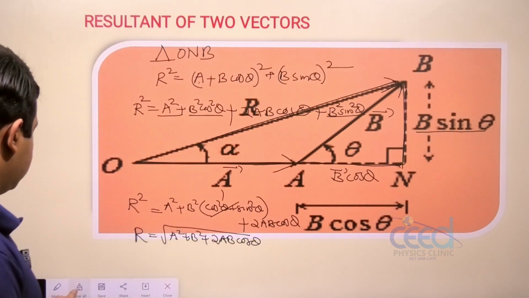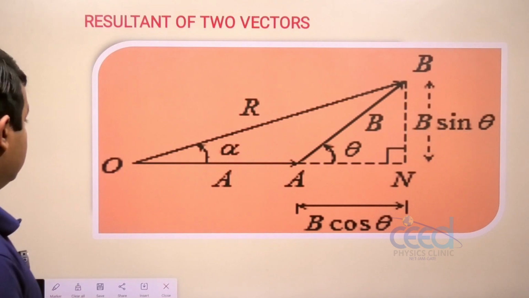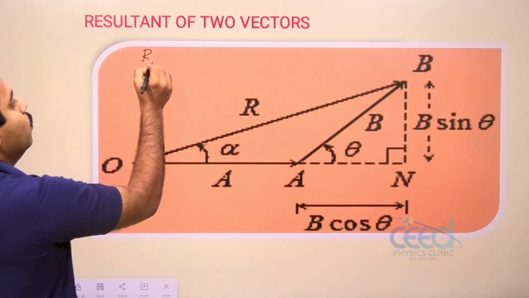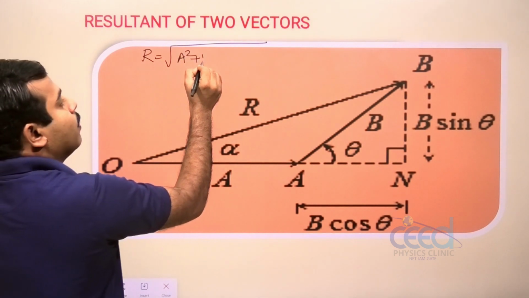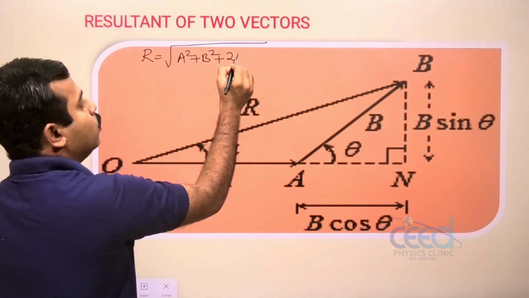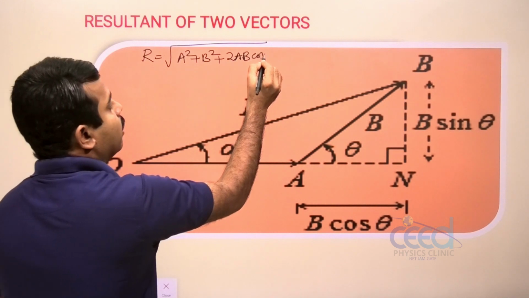So if two vectors A and B act with an angle theta, then the resultant expression is this. Let me write this expression here again: R is equal to root of A square plus B square plus 2AB cos theta.